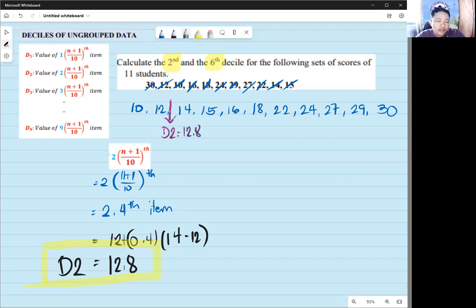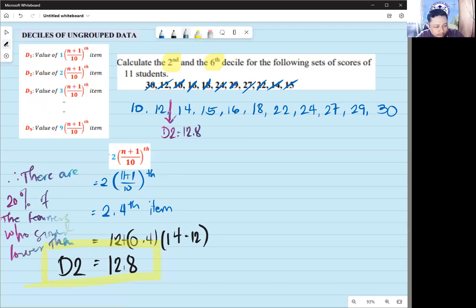Meaning 20% of the learners scored lower than 12.8. For our interpretation, the second decile is 20% of the learners who scored lower than 12.8. Got it? That's it.